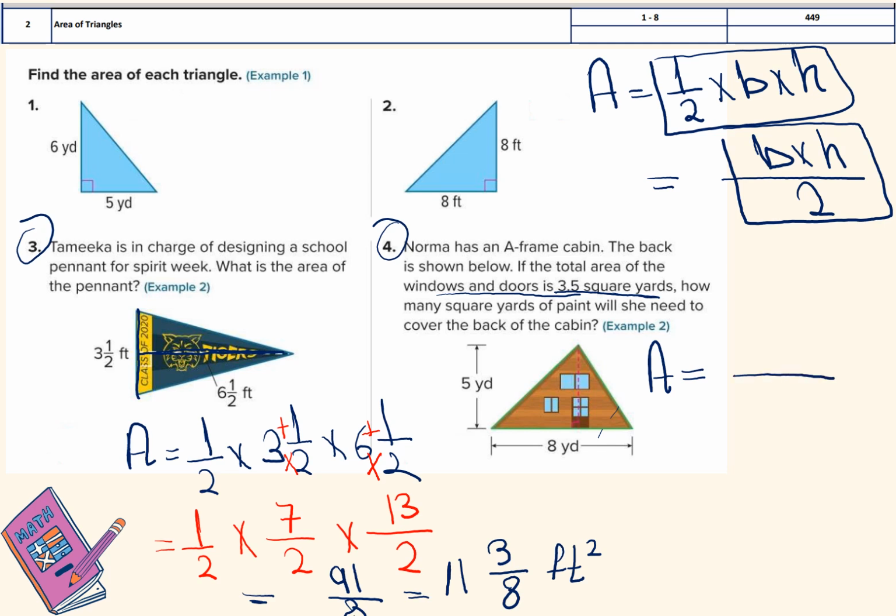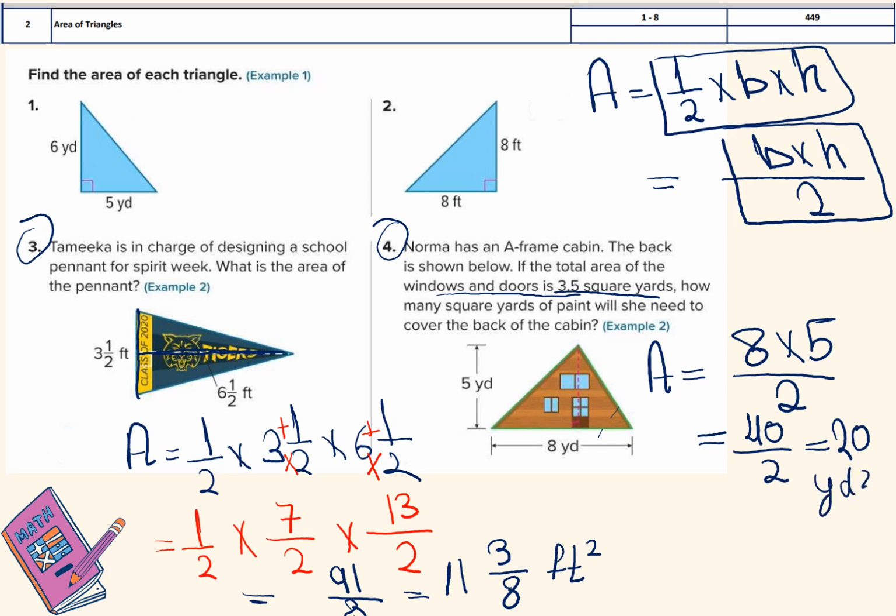So the base is 8 times the height is 5 over 2. You can divide 8 by 2, then multiply the answer by 5, or you can directly multiply 8 and 5, which is 40, divided by 2. The answer is going to be 20 square yards.